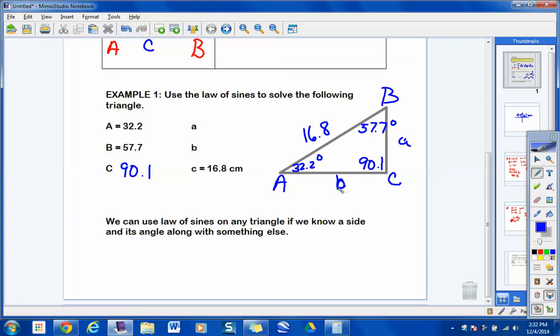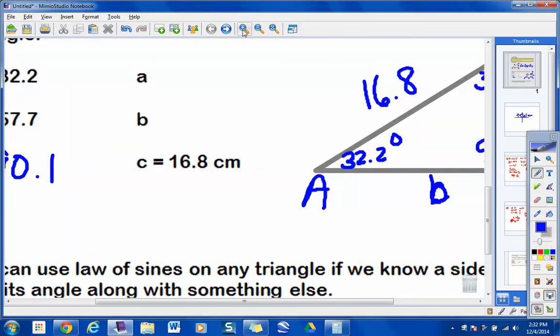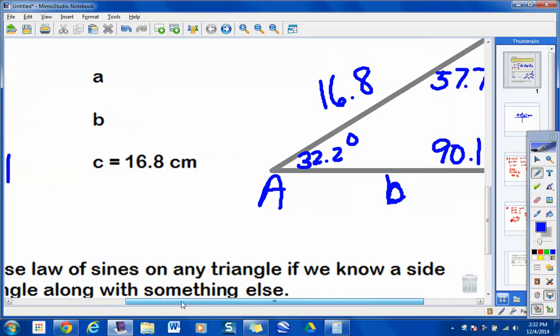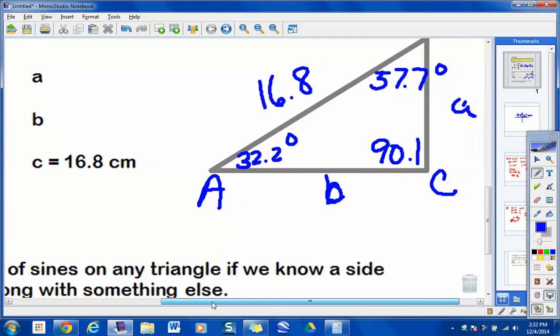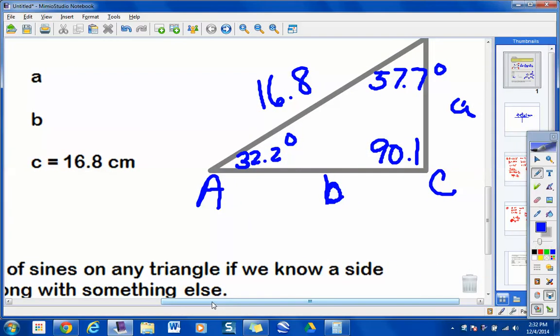So here's what we need to look at doing here, guys. We need to start looking at law of sines. Let's find side A first. I'm going to zoom in and make some room to write. We can't use the original stuff because it's not a right triangle. Really close, but not exactly 90.